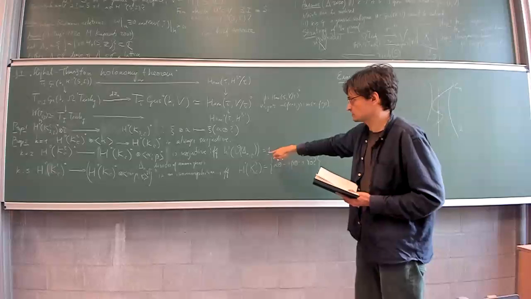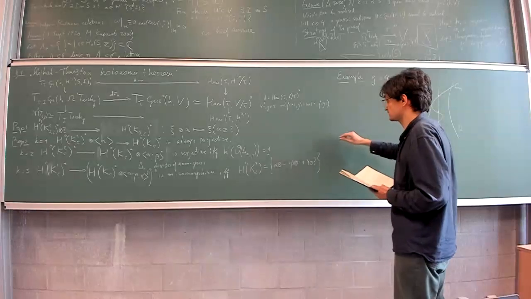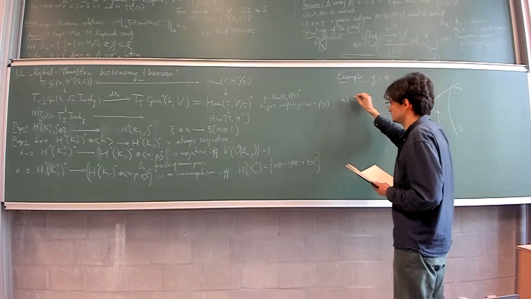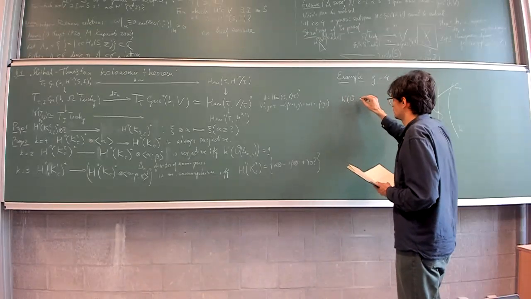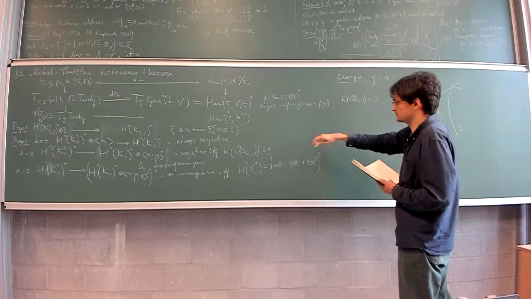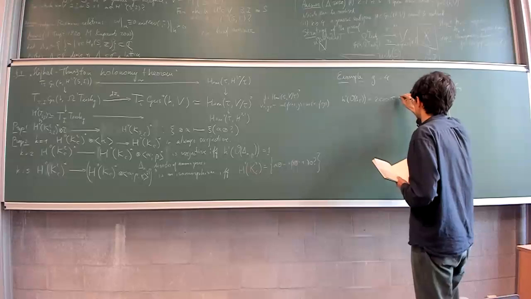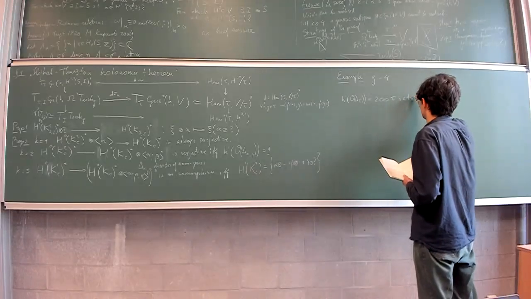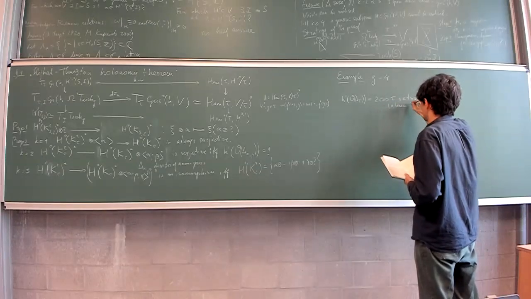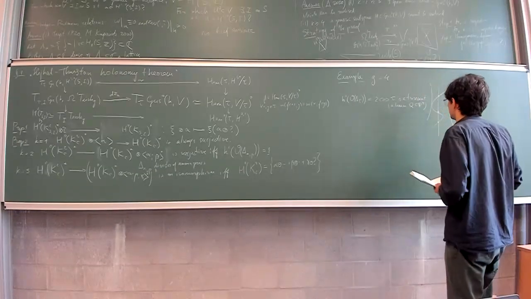And so this condition actually tells that H1 of D tau can equal either 1 or 2, and it equals 2 if and only if tau is a trisecant, or a line on this P3.